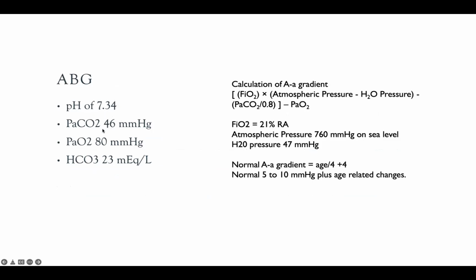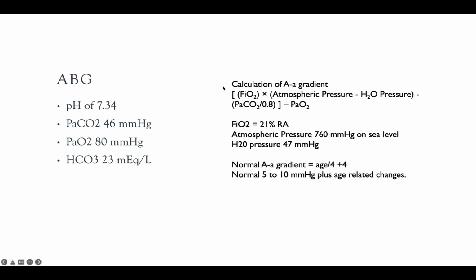And we look at what is causing the acidosis, and it's quite clear that it is the PaCO2 levels, which seem to be slightly elevated. She's also quite hypoxic, and her bicarb level is just in the higher end of normal.